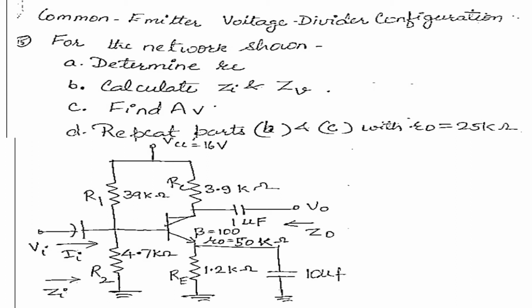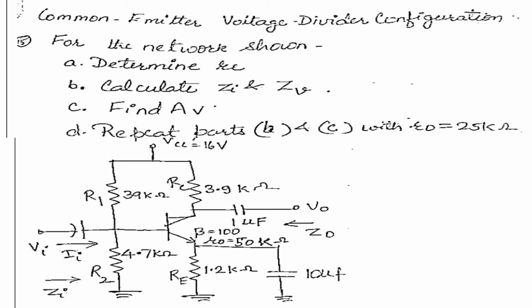Now what is this capacitor doing? CC. It is separating your output signal from the voltage VCC. Similarly, if at all this bypass capacitor is there, it is separating the input signal VI from the DC voltage source VCC. And here the coupling capacitor, bypass capacitor is connected, CE. CE is your coupling capacitor.